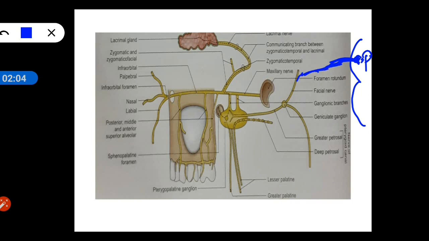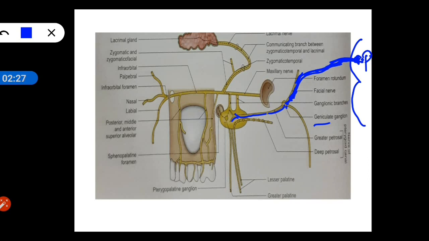It will travel through the facial nerve. Once it reaches the genu of the facial nerve, these fibers will travel through the greater petrosal nerve. They will further travel through the nerve of the pterygoid canal, and relay in the pterygopalatine ganglion.